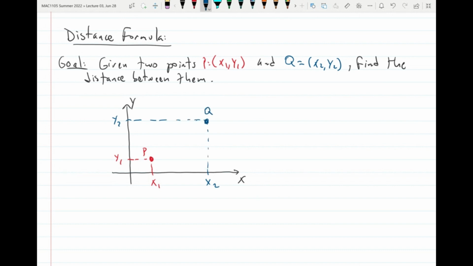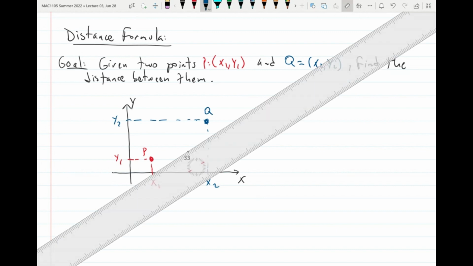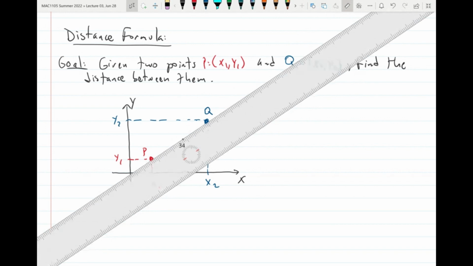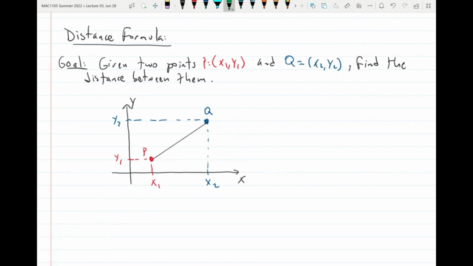So this is Q, and what we are interested in is this line segment PQ, and we want to know its length. Let's call it D. We want to know what this is. You are eager to say it, so go for it. So what do we do?